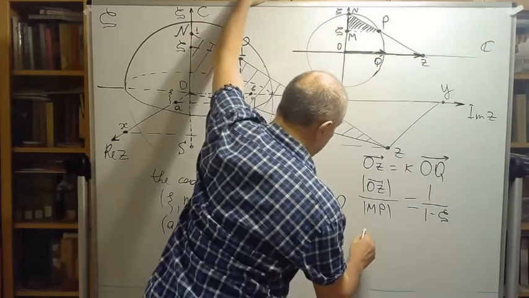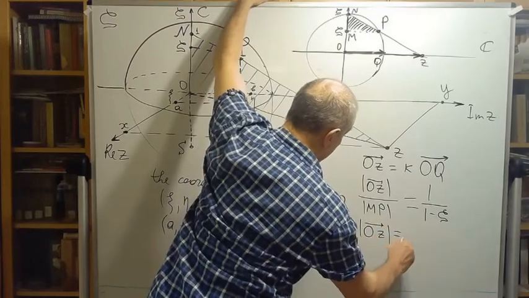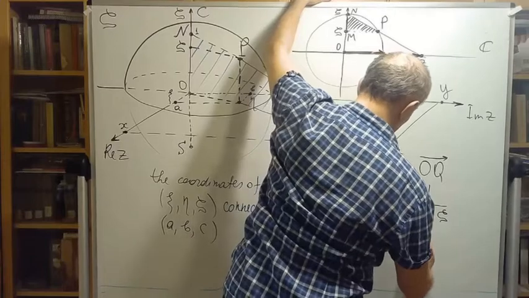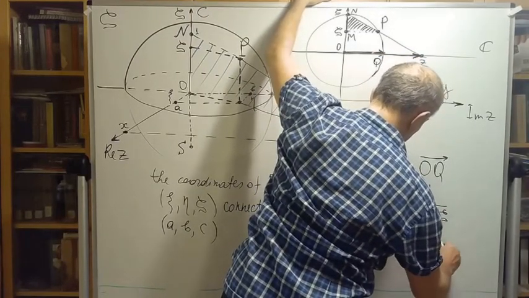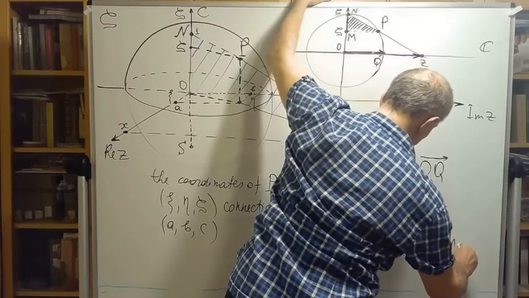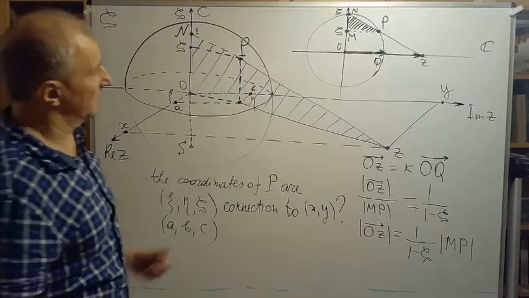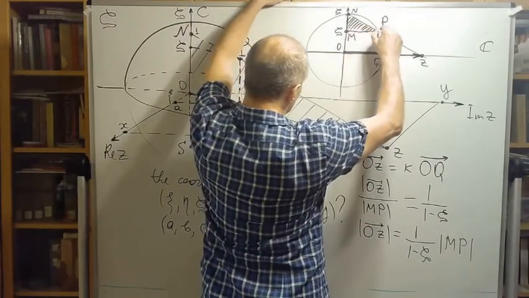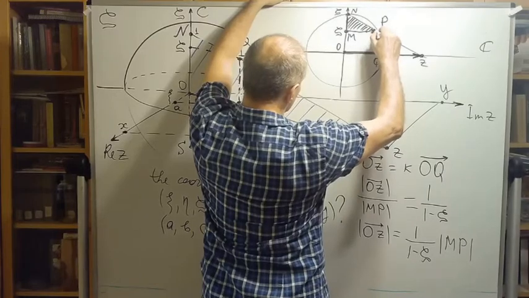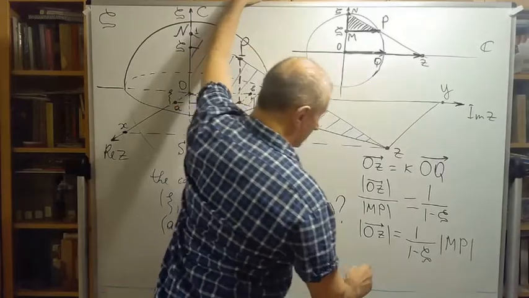So OZ, the length of OZ will be 1 over 1 minus zeta multiplied by the length of MP. Since these vectors OQ and MP are parallel, this relation will also hold for vectors, yes?